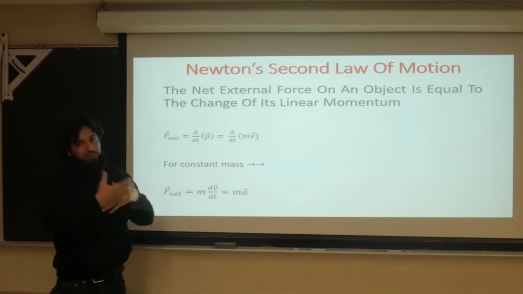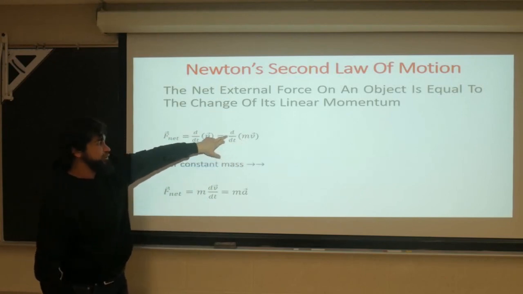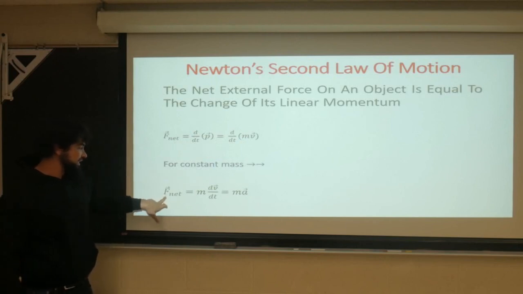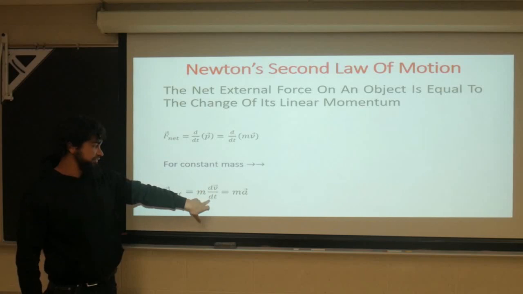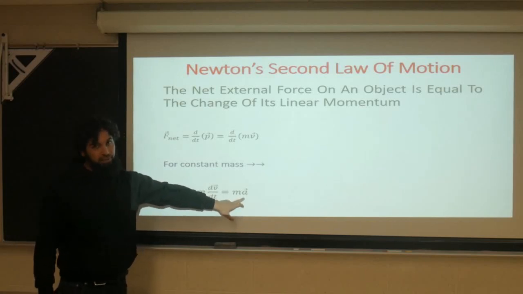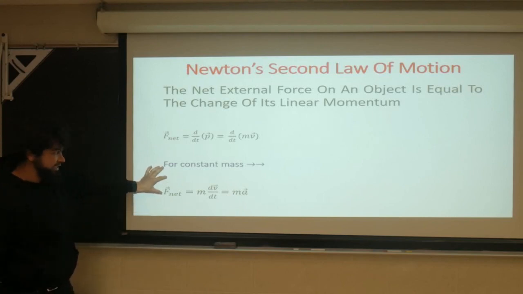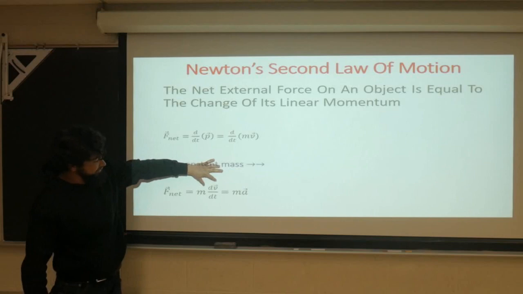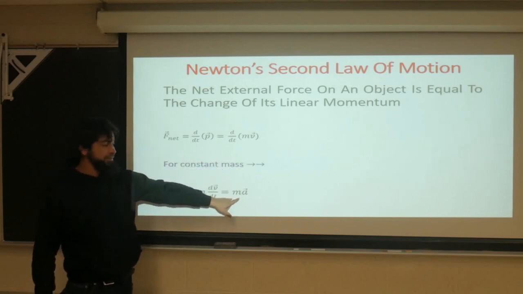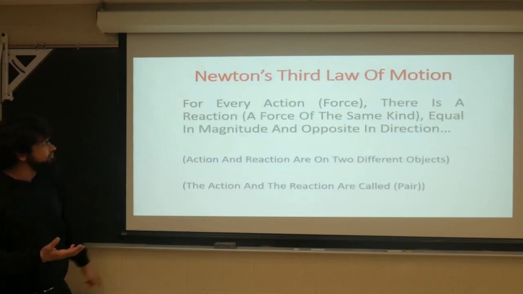So the mass is constant, I can take it out of the derivative, and the net force is the mass times the change in the velocity, and the change in the velocity is the acceleration. So I get the second law of Newton: the total net force on the system is equal to the mass times dv/dt, which is equal to the mass times the acceleration, the law that you know well.